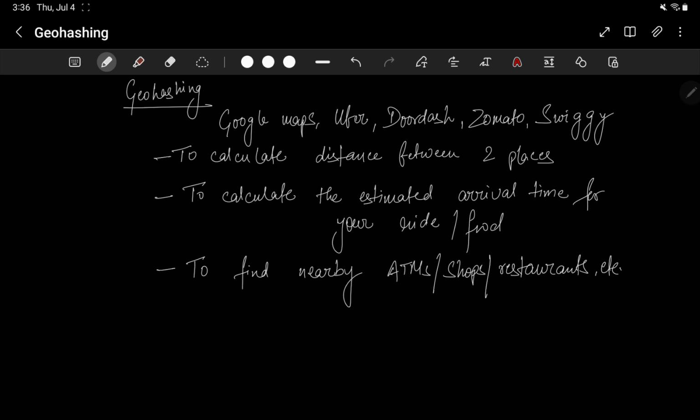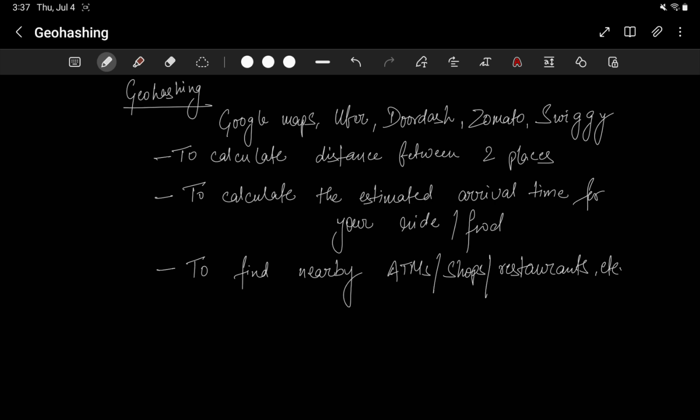So these are all the things where geohashing is used. Okay, now I think we have a better understanding of where all geohashing is used and why it is such an important topic for us to study.